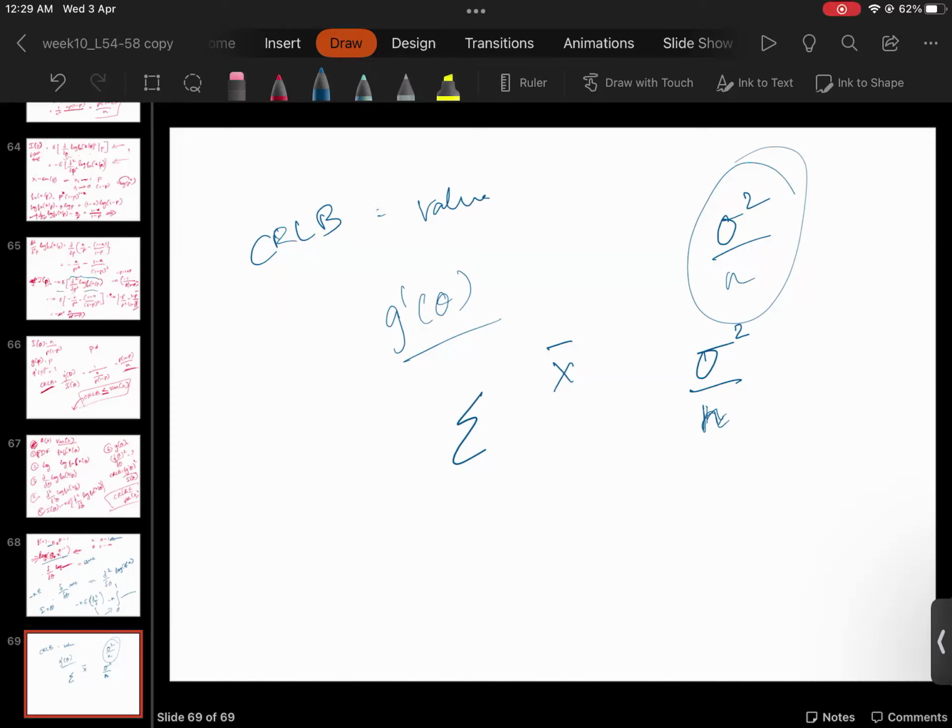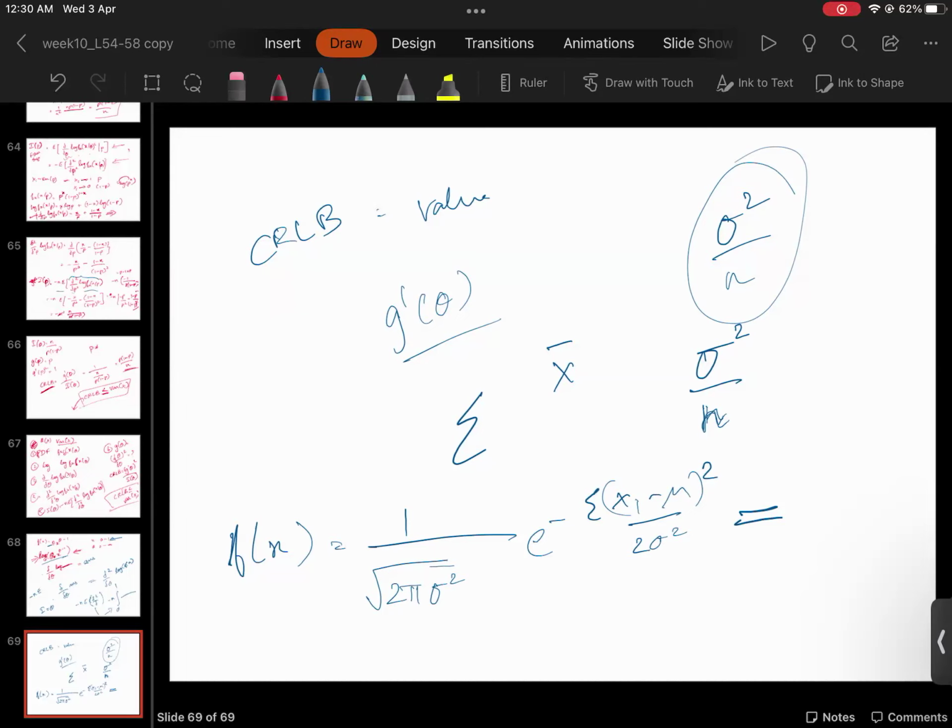You need to have your f of x actually would be this normal distribution equation. Sigma square, whatever that is, e power of... Yeah, you remember this, right? E power minus summation of xi minus mu by 2 sigma. So yeah, you have to start with this for your 15th question.